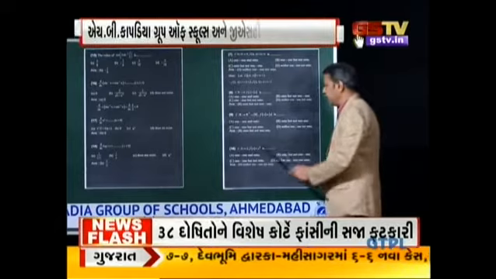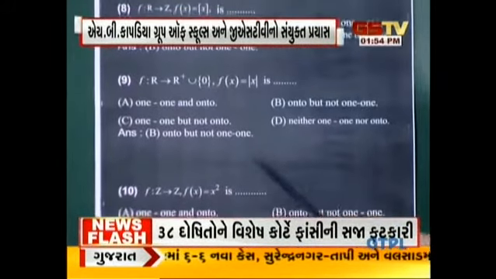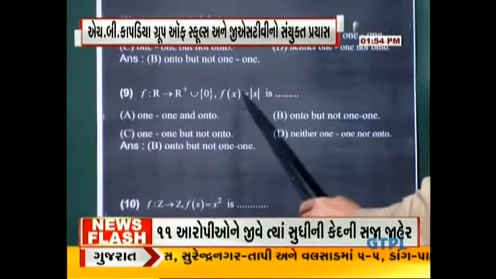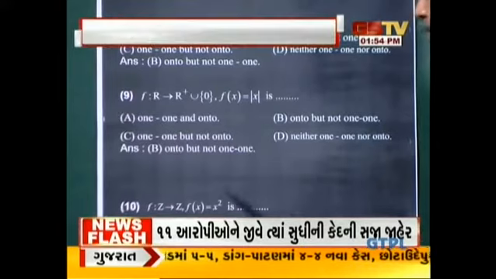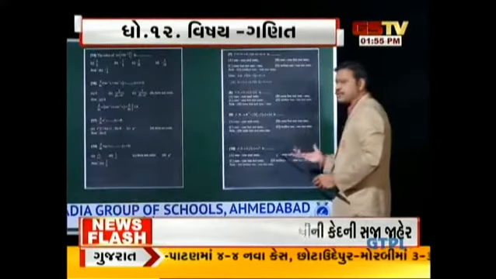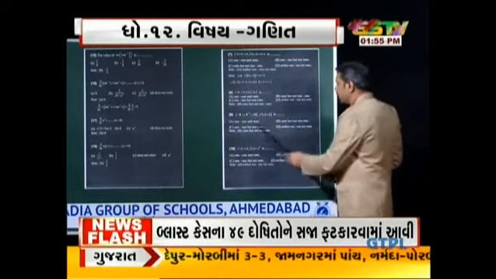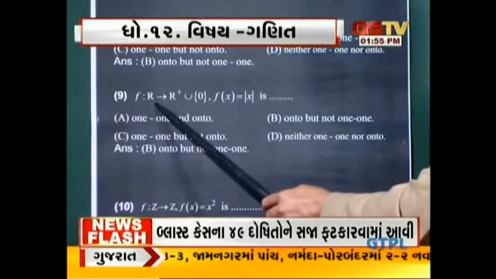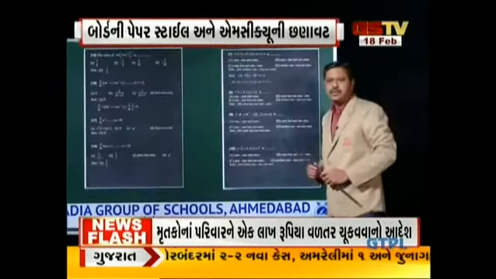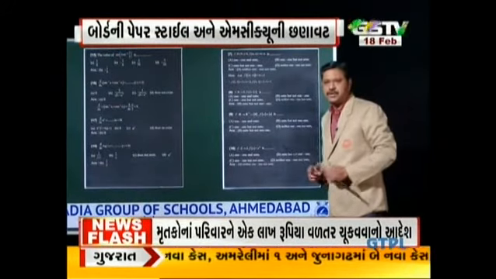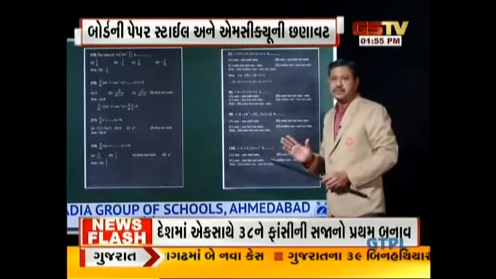Next question: f is a function from R to R plus union 0, f(x) is equal to mod x, the modulus function. All four options are based on 1-1 and onto type results. Now see, the domain is R. If the domain is R, the modulus function is always not 1-1. Please remember this result, students.